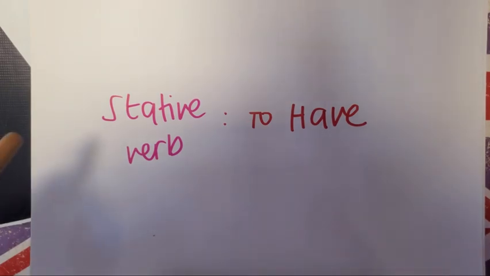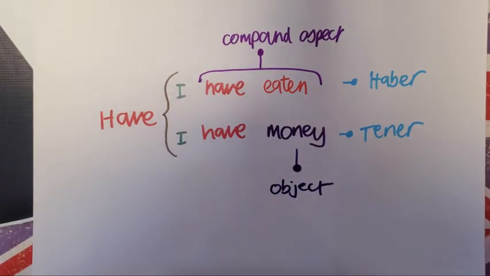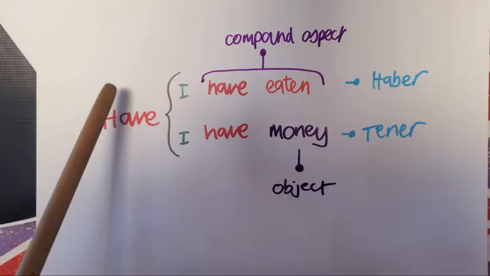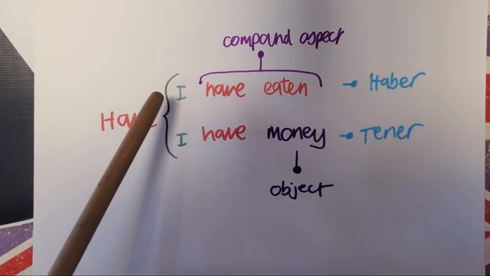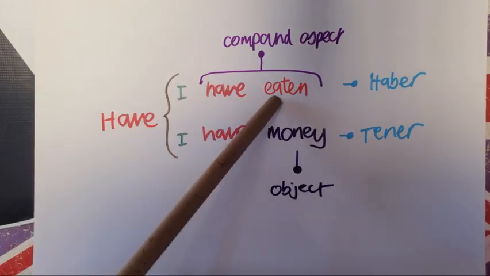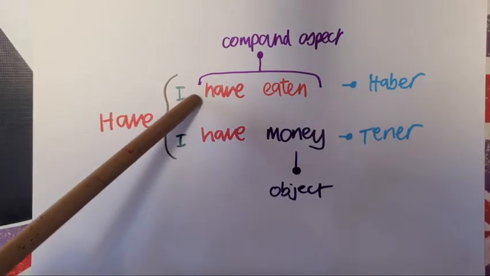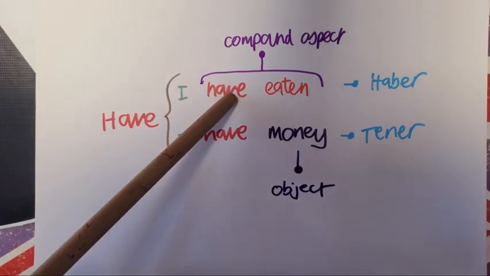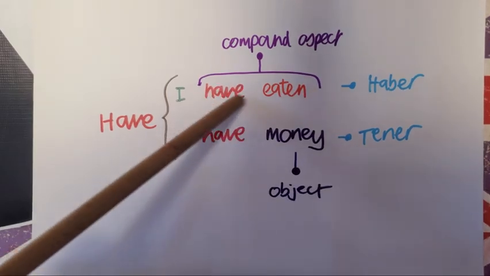Now we're looking at the verb to have. To have has two different ways to translate. What are they? If I say I have eaten, it's called the present perfect, and together it forms the present perfect.